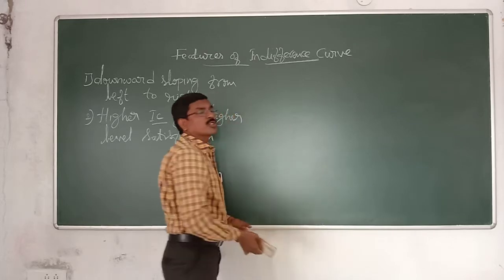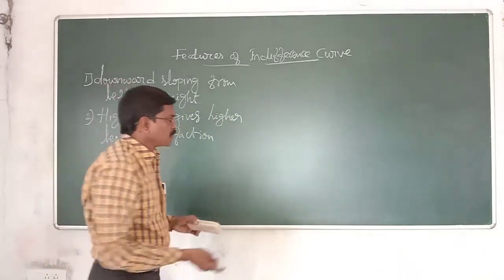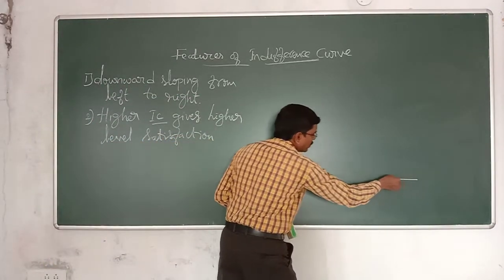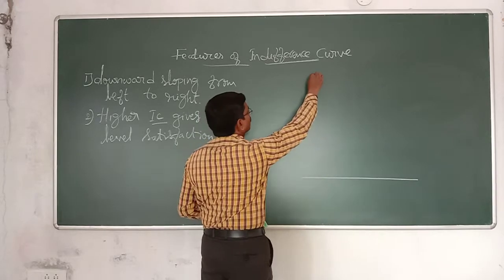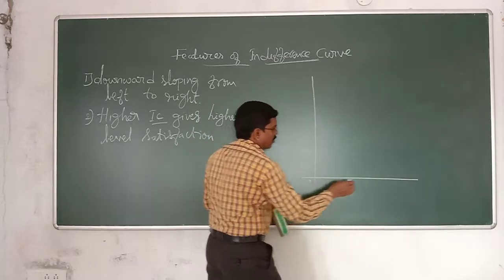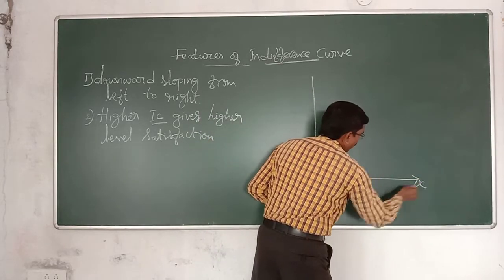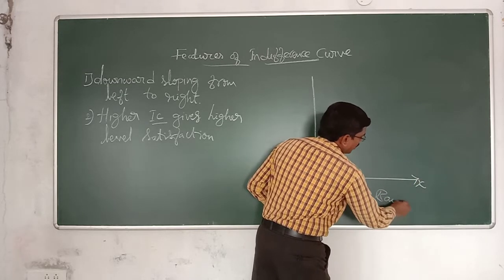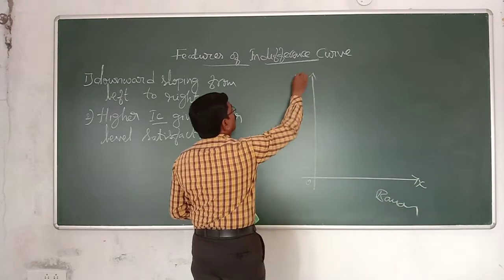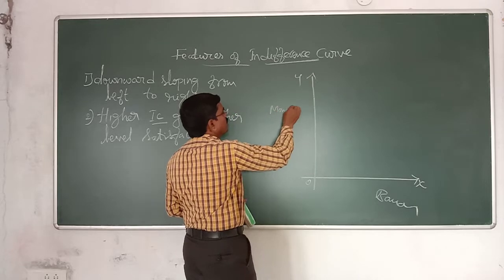The second feature is also explained with the help of a diagram. On the OX axis we measure banana. On the OY axis again we measure mango.